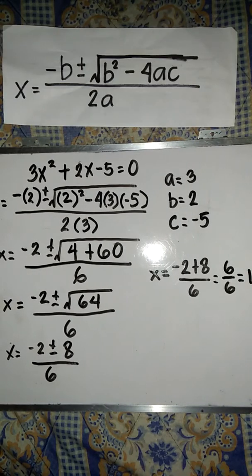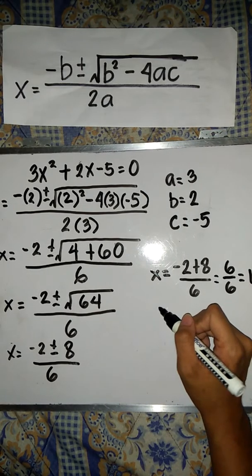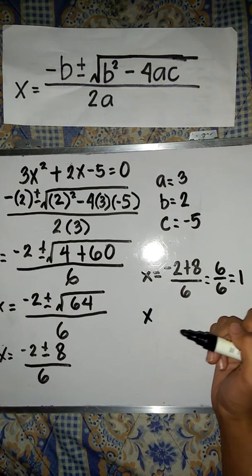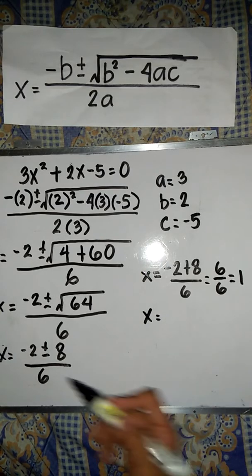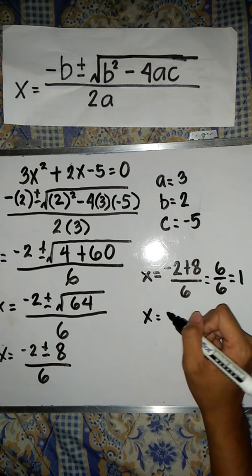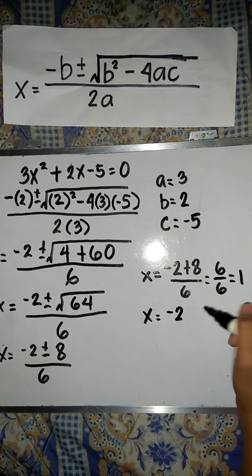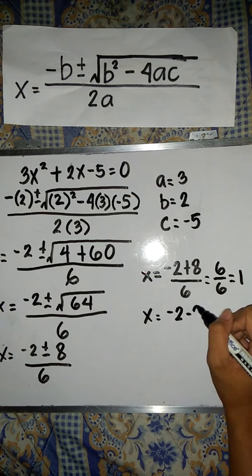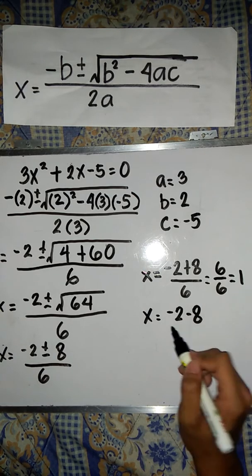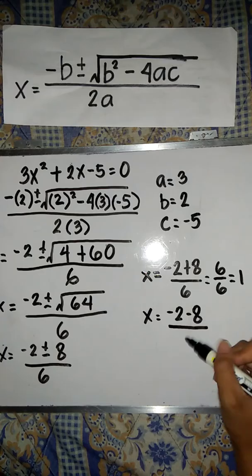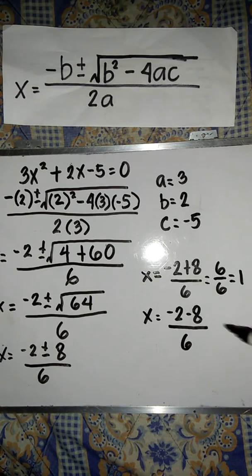So we're going to use the subtraction. So x is equal to negative 2 minus 8, or plus negative 8, all over 6.